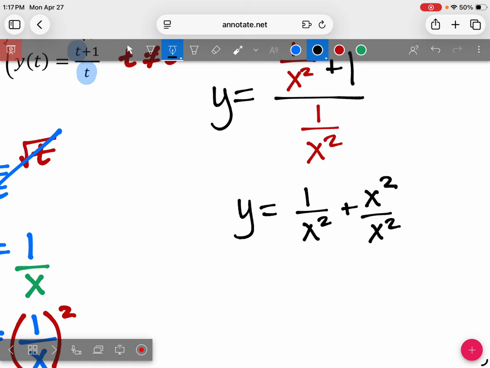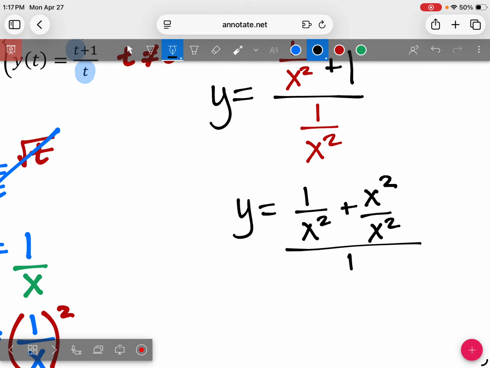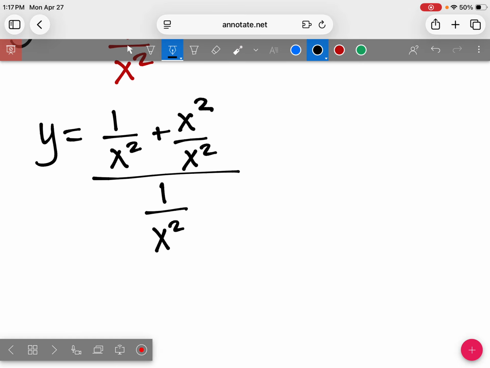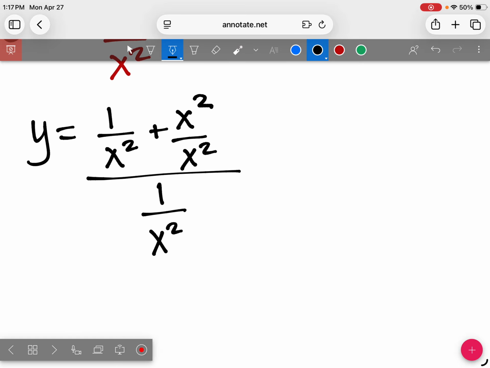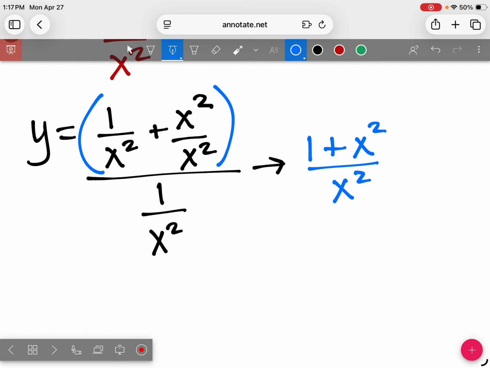And that's divided by 1 over x squared. Now that I have a common denominator, I can write it as one fraction. So this is going to be 1 plus x squared over x squared. And we're dividing that by this. Almost finished, y'all.